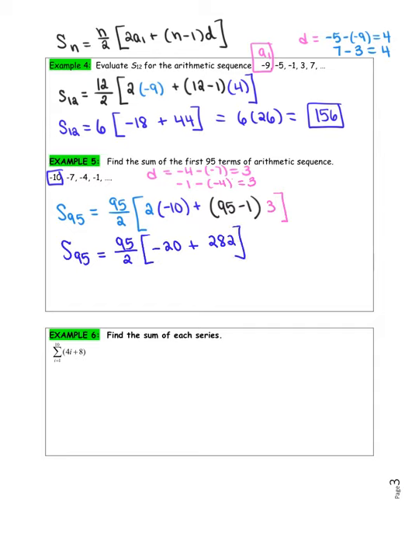And negative 20 plus 282 is 262. So the sum of the first 95 terms of the arithmetic sequence is 95 over 2 times 262. So we have 95 divided by 2 times 262 gives me 12,445.